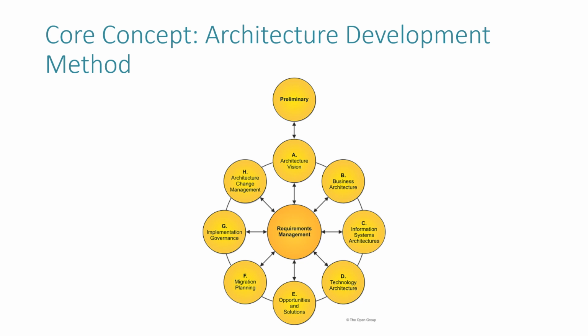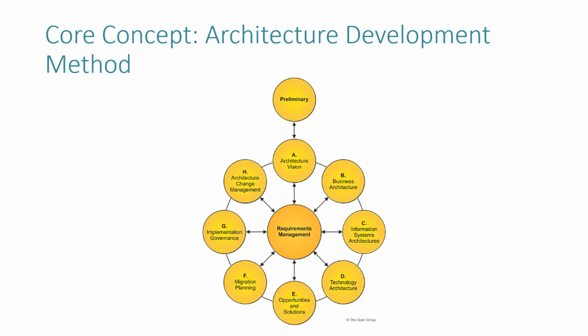For example, there is a telecom company and it wants to enter into the fintech business. So the architecture vision will be the fintech, and then business architecture will define what business capabilities, etc., are needed to achieve that vision.